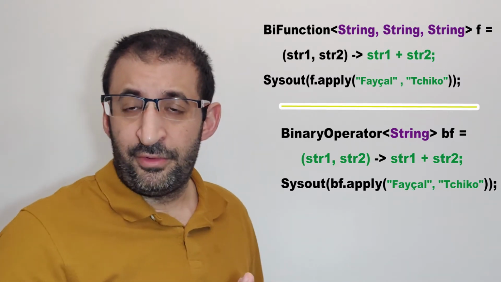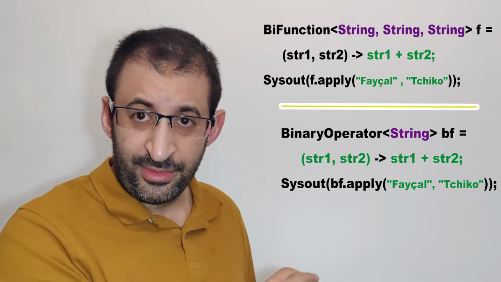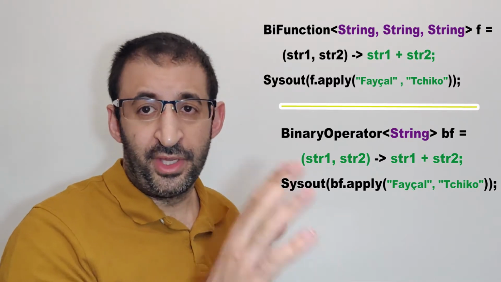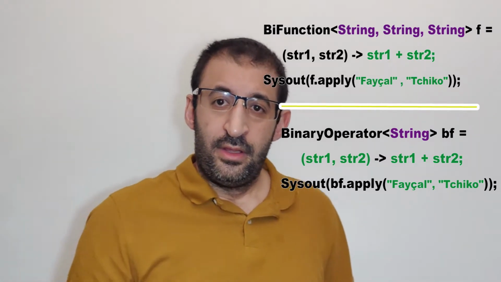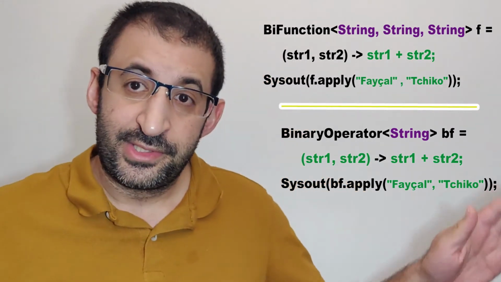And now we do the same System.out.println bf.apply Faisal, comma, Chico. So let's see this example in the computer, to see if we get an error or not. We must always check, taking into consideration all this new feature. Let's go and check them.